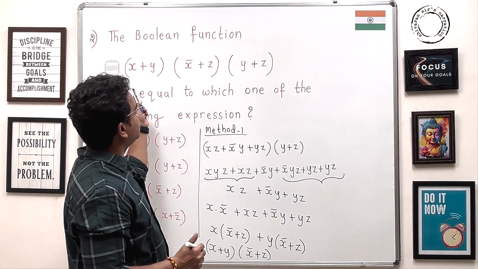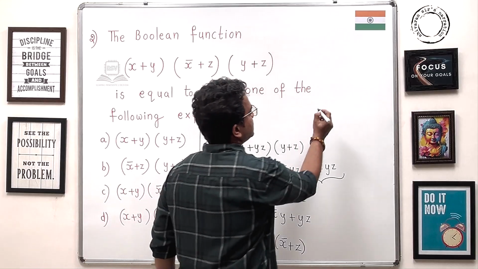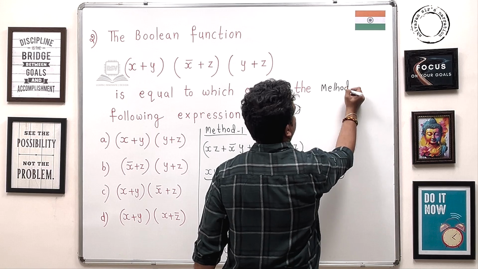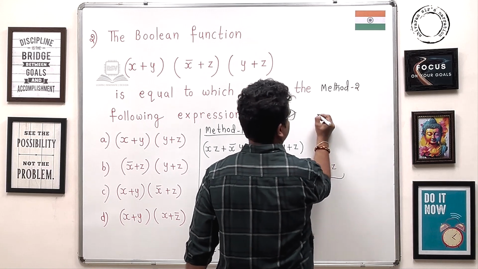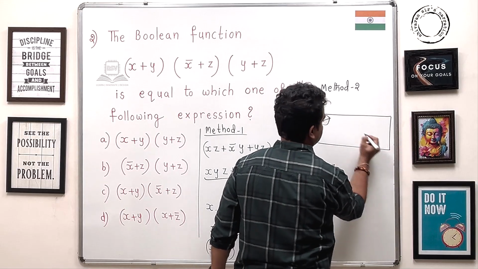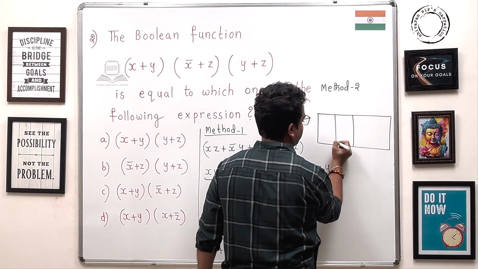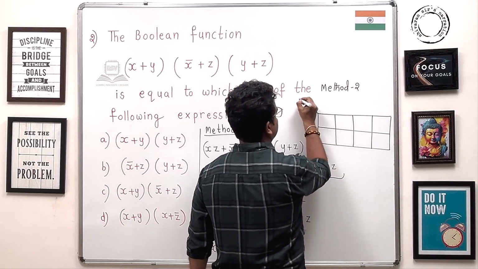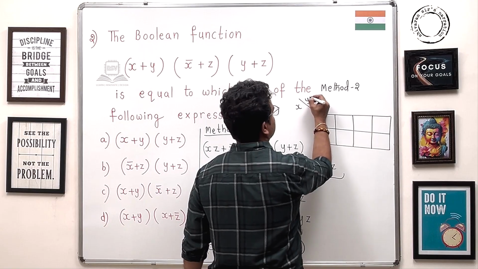Now, it is a 3 variable function. Let's consider here using K-map. It is like this, where a 3 variable K-map can be expressed as, let's consider this is x, y, z.